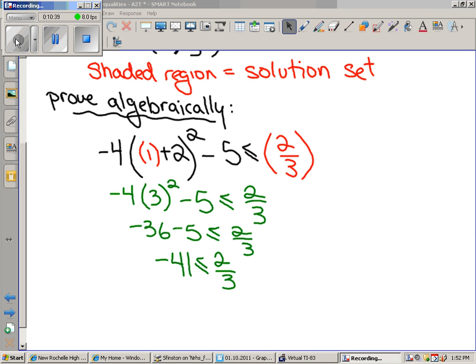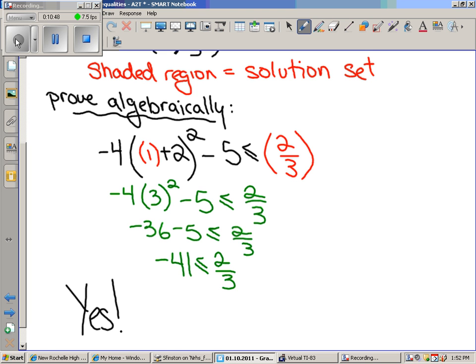And so that's what it looks like. So tell me, is that true? Is negative 41 less than or equal to 2/3? Yes. If it wasn't, we would say no, but it is. So that means that 1 comma 2/3 is in the solution set.